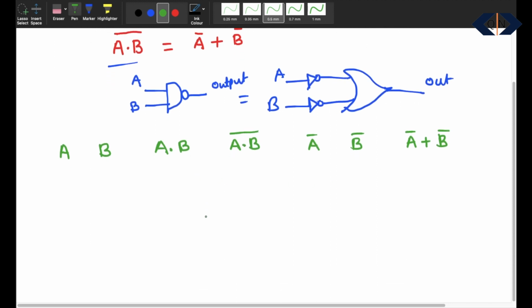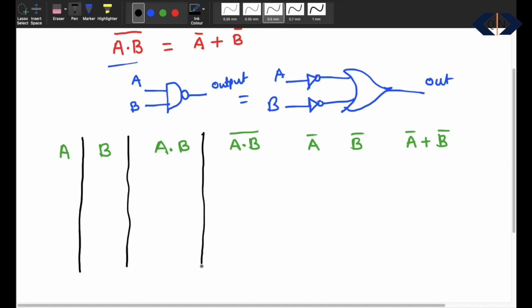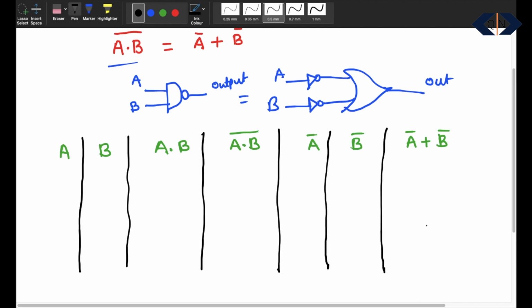So let's slightly move it up and draw a line here to separate it. I know my drawing is not that good, but I hope it is easier for you to understand.